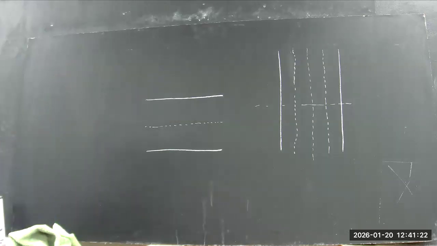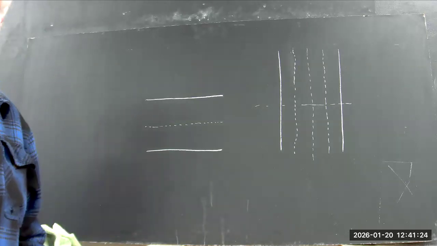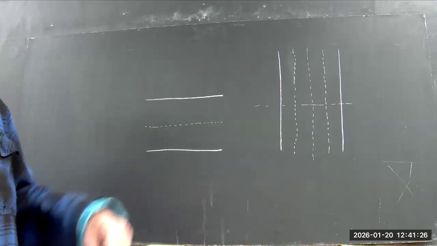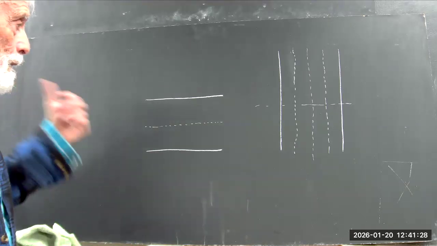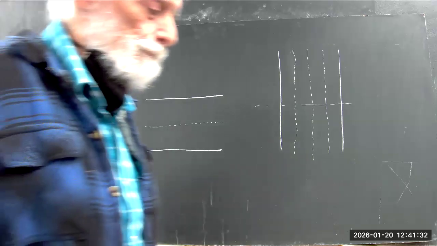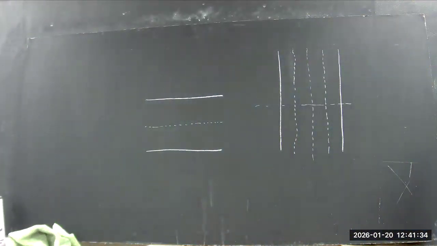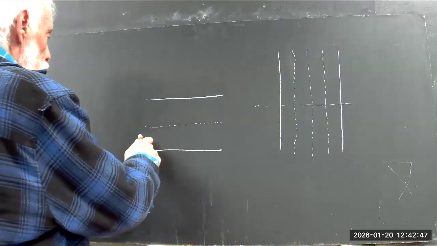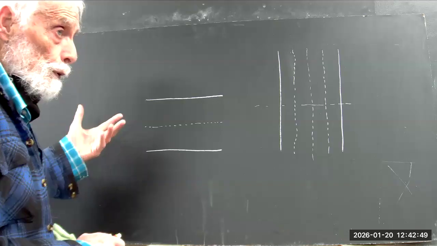Now, I want you to go halfway from that last line you drew to the bottom. Halfway from the line you just drew to the lower line. Okay, everybody did real well with that. Then I asked halfway from the last line you drew to the lower line.